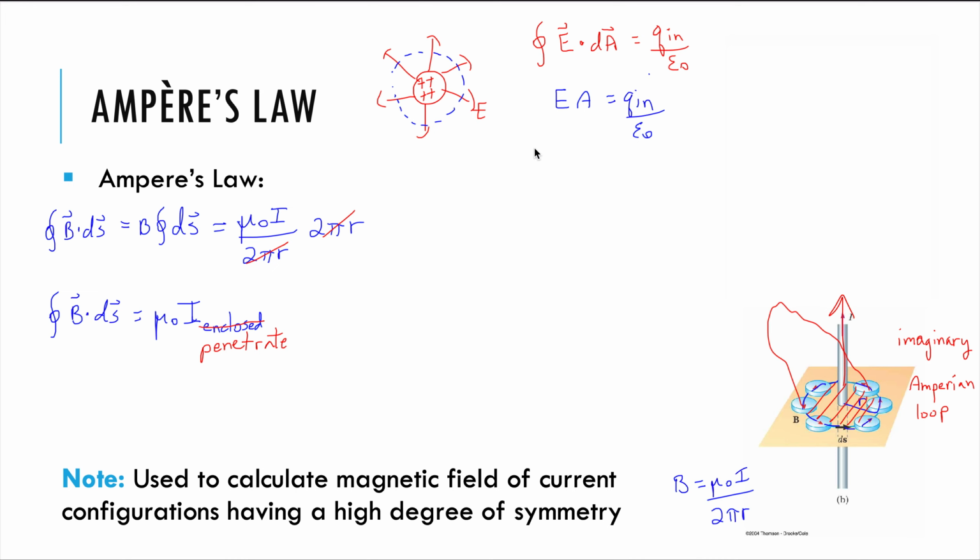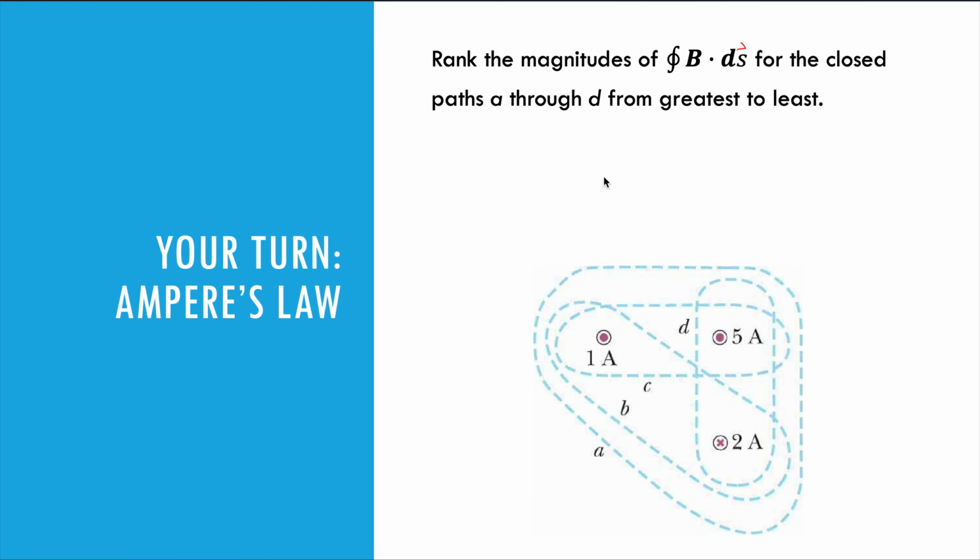Okay, so that said, let's look at an example. This example says, write the magnitudes of the integral of B dot ds for the closed paths A through D from greatest to least. Ampere's law tells us that this line integral is equal to mu naught times the I that's penetrating that surface made by that loop.